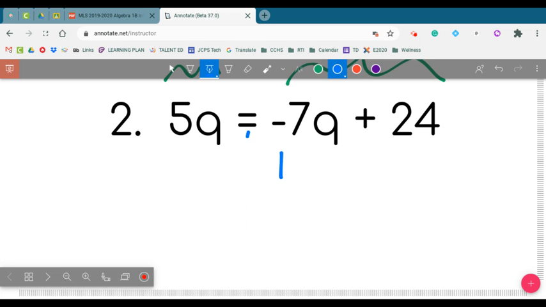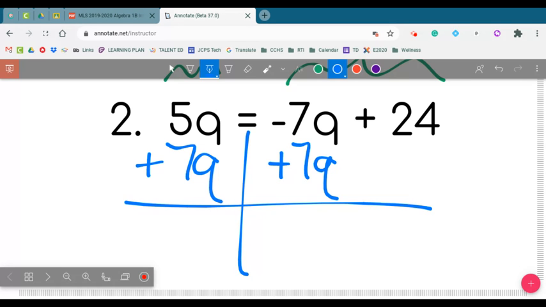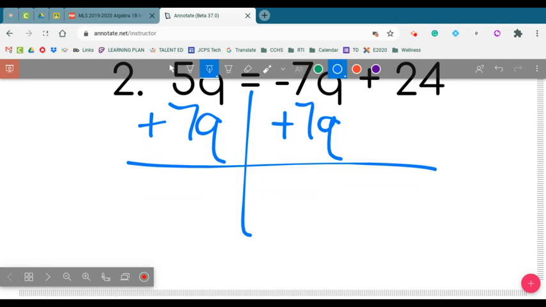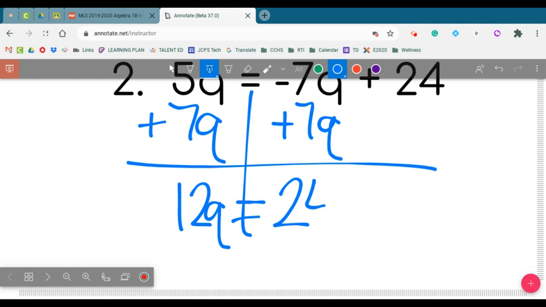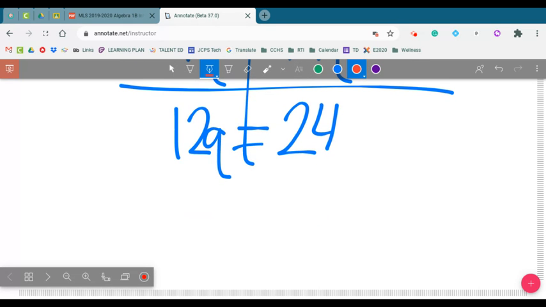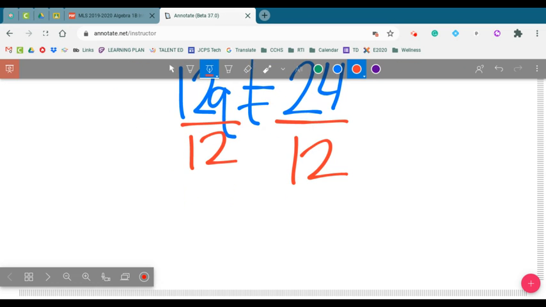So I have to add 7q. 5q plus 7q is going to give me 12q equals 24. Now my next step in order to get to q by itself is to divide both sides by 12. So I'm going to get q equals 2.